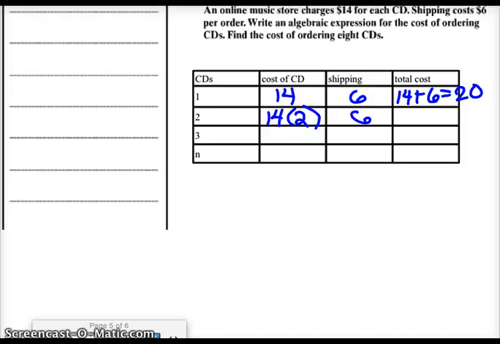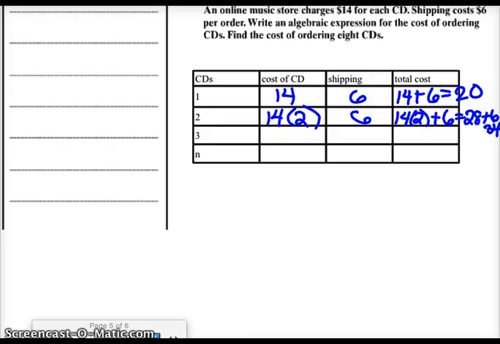Shipping is still the same no matter how many CDs you buy. It's not going to change to $12. Right, unless it's 2 separate orders. But most of the time we order at once. So this will be 14 times 2 plus 6. 28 plus 6, 34.